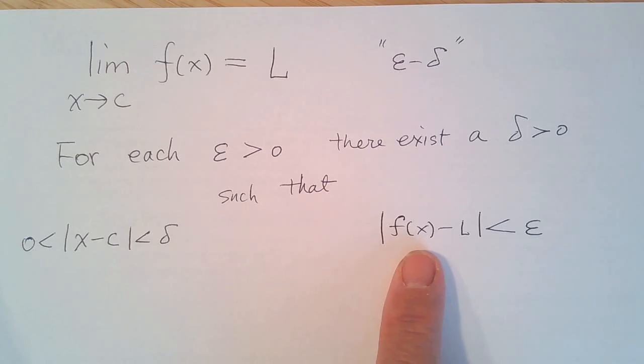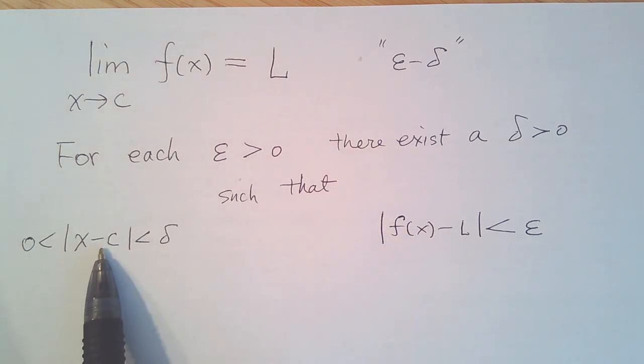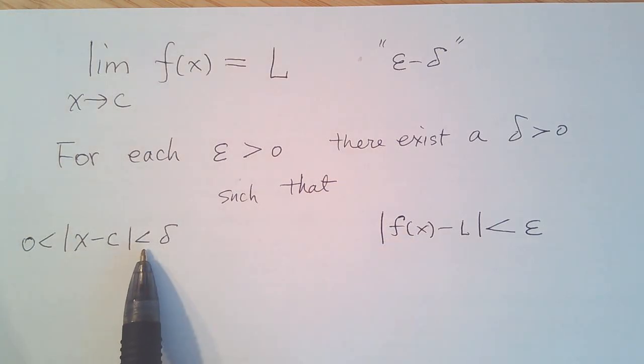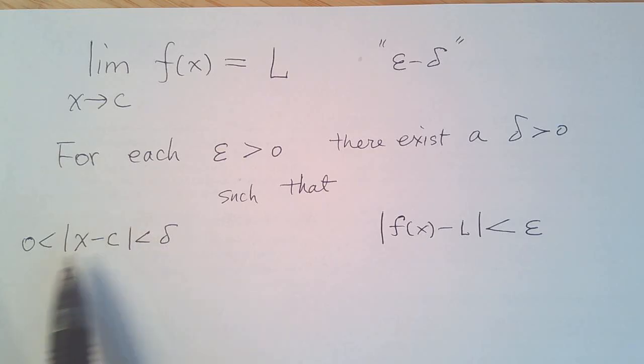We have seen this a lot, like a piecewise function, or f of c might not exist or was not defined. So that's why, did you notice that the absolute value of x minus c is less than delta but greater than 0? That means it doesn't require the function to be defined at the point x equals c.